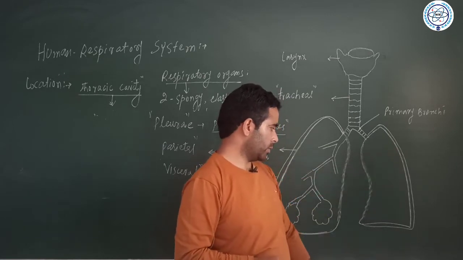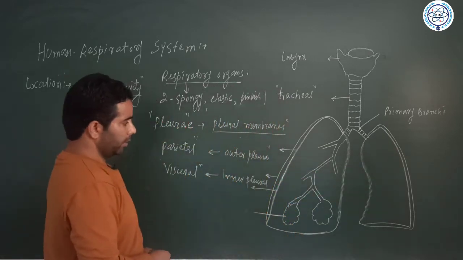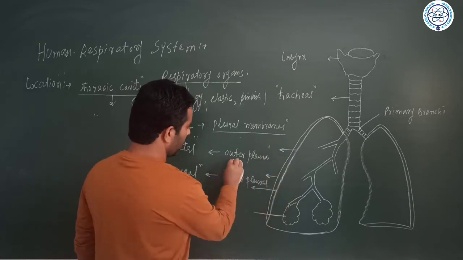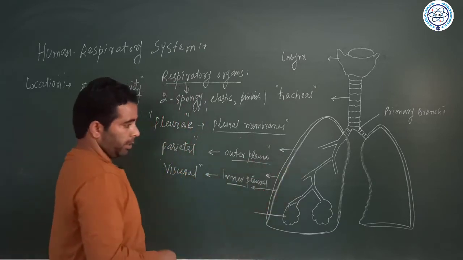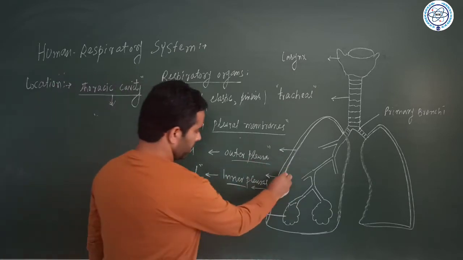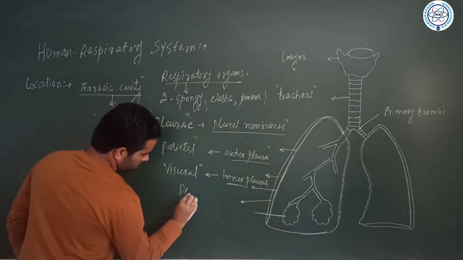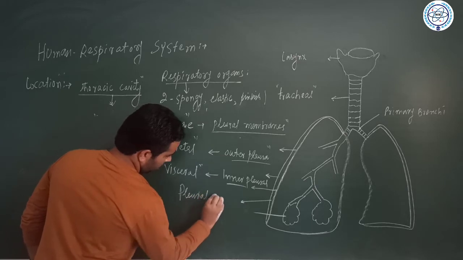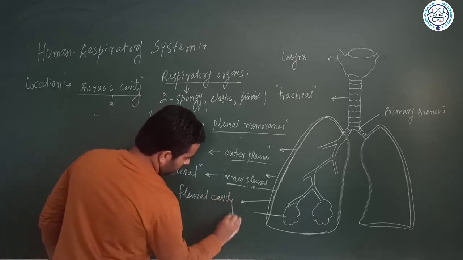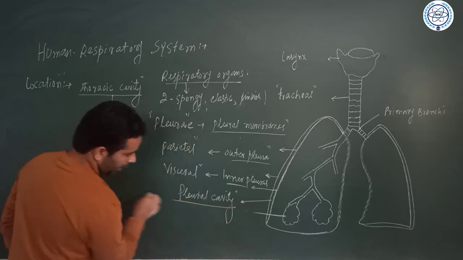So here on the left side there are also these two membranes which are enveloping the lungs, covering the lungs from the outside, right? But there is a space between the two pleural membranes, outer and inner. This space between these two pleura is known as the pleural cavity. Fine, pleural cavity.